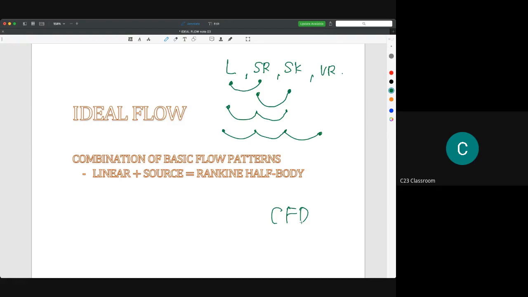And then you need to verify with the experimental works or the basic calculation. And then if your simulation is correct, you could simulate more complicated problems. So this is the flow chart of computational fluid dynamics.